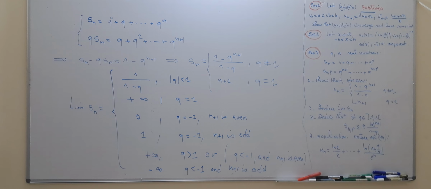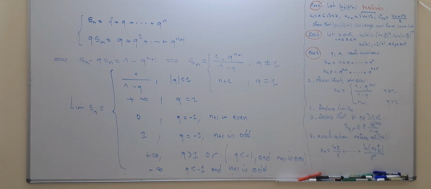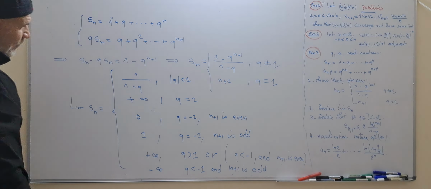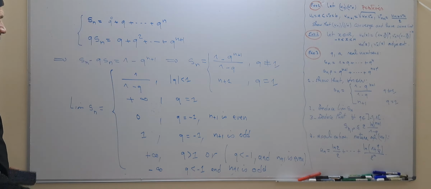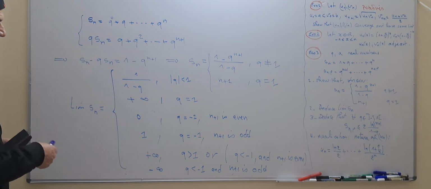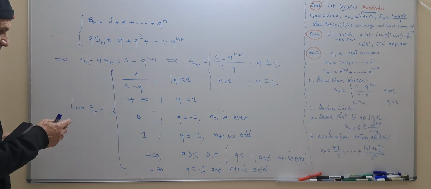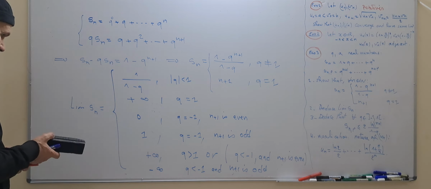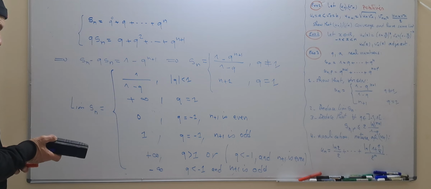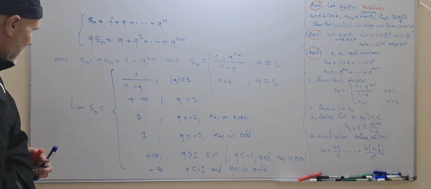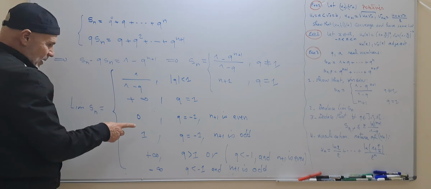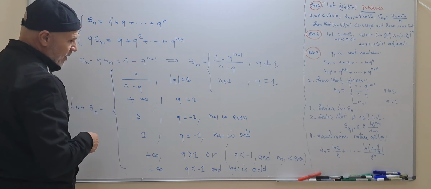I hope that I didn't forget any case. You can check all the cases, as I am in a video, so it can be that I miss a case. I think that is all the cases. Yeah. Q equal to minus 1 and n plus 1 is even.